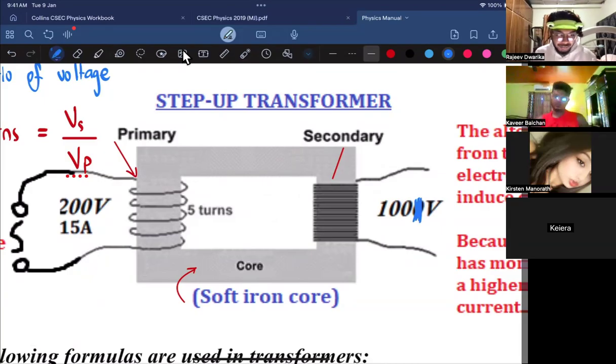And if it's a step down, do you think it has more turns or fewer turns? Fewer turns. So we know the answer here has to be less than 5, isn't that the case? Yeah. See if I can figure it out. So 200 and 100, what's the relationship there?